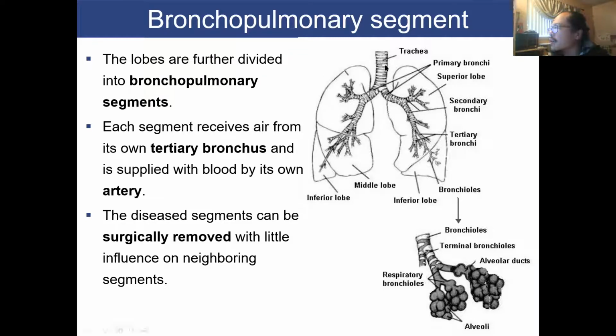So this primary right here, secondary, and the tertiary. Each one is in that territory. Within that territory is a segment. So this bronchus is also called the segmental bronchus. So this segment is called the bronchopulmonary segment.